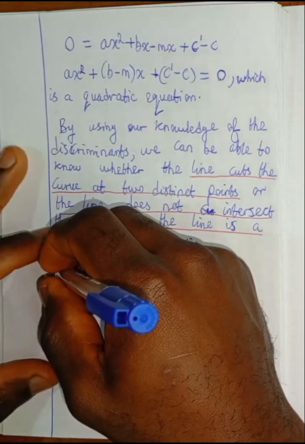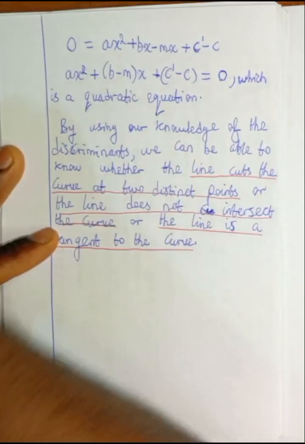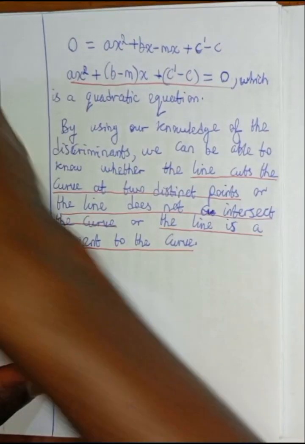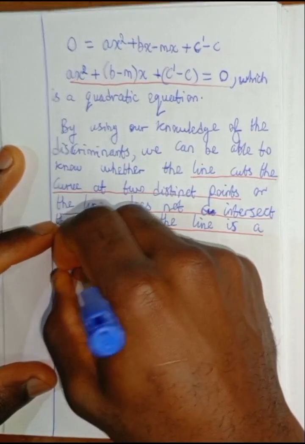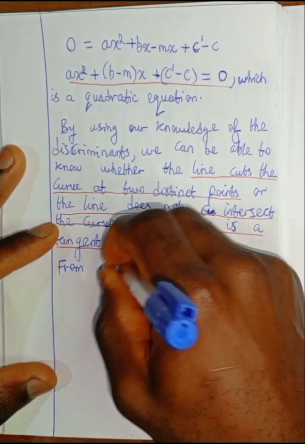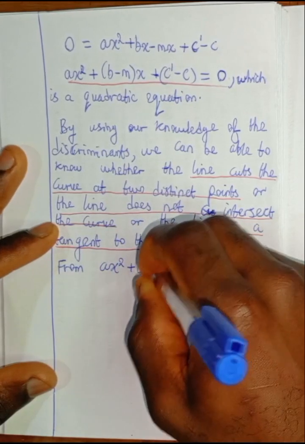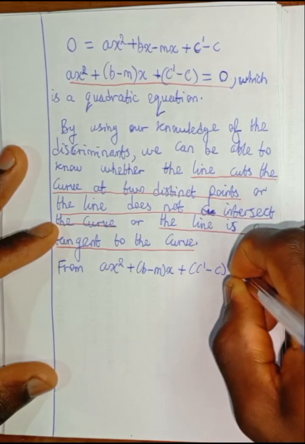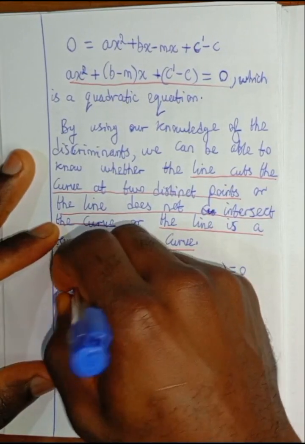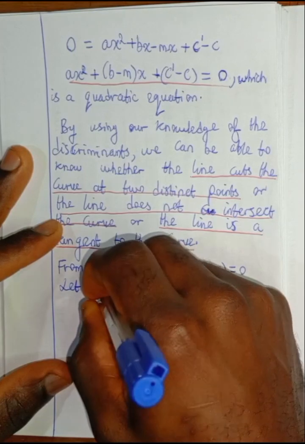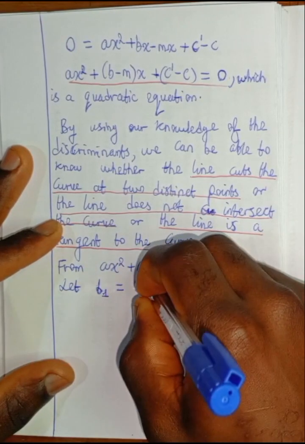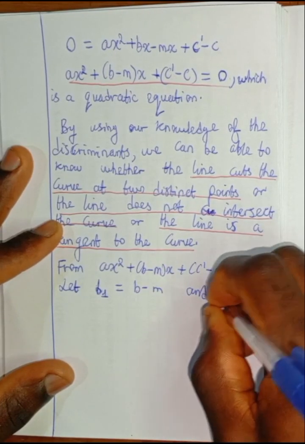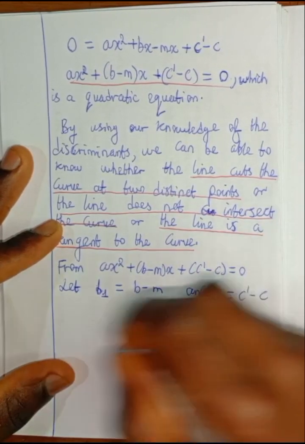Okay, now we take this down from our quadratic equation. I will underline this quadratic equation, it is very important. From ax squared plus b minus m x plus c prime minus c equal to 0, we let b1, b subscript 1, be equal to b minus m and c1 be equal to c prime minus c.